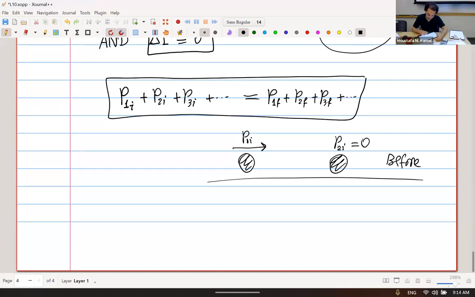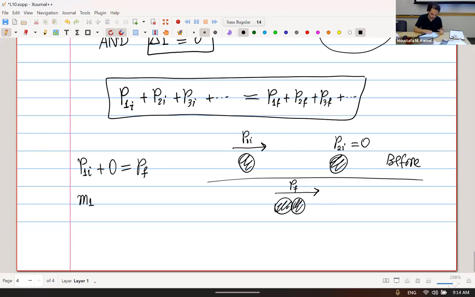before, and then assume, for example, that both objects stick together and move as one object with final velocity, then you will have the momentum of the first particle plus 0 equals the total momentum final.